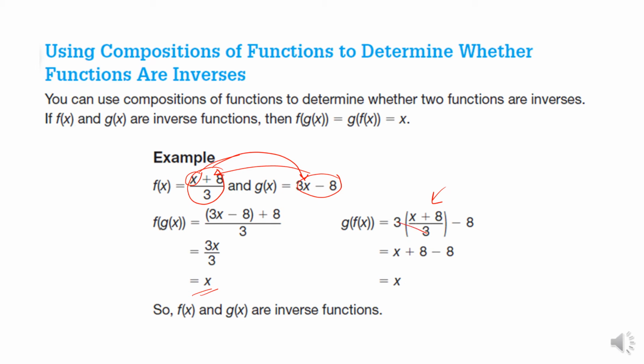And then I simplify, and I get x plus 8 minus 8, and the 8's cancel, and I get x. If both of the compositions of the two equations equal x, then they are inverse functions. That's a really cool rule to learn.